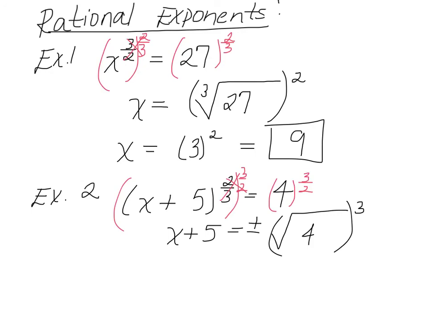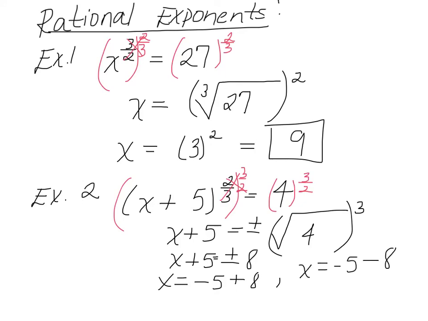So when you work it out, the square root of 4 is 2, 2 cubed is 8. So we're going to have negative 5 plus 8 and negative 5 minus 8. So your answers will be 3 and negative 13.